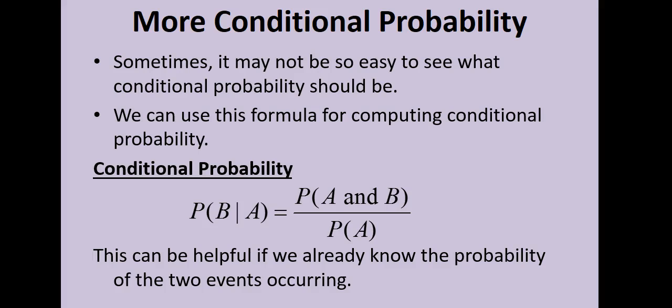We don't always know that. Sometimes we do. Sometimes we don't know the probability of B given A. And really, this is just a reworking of the same formula we've already had.